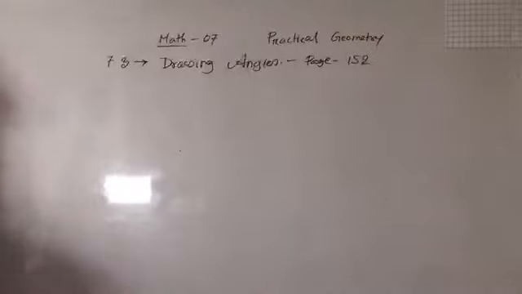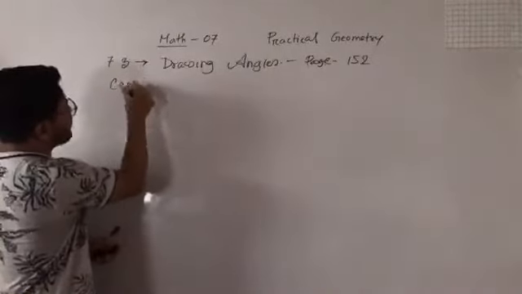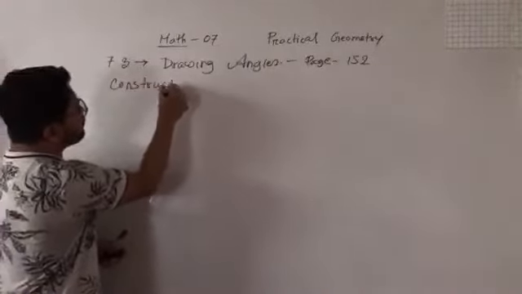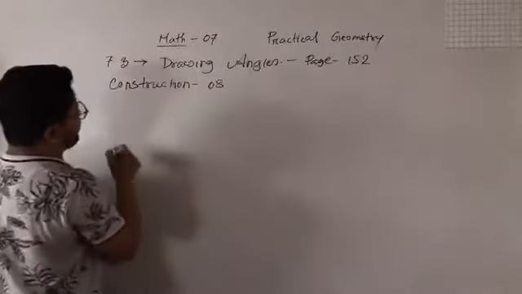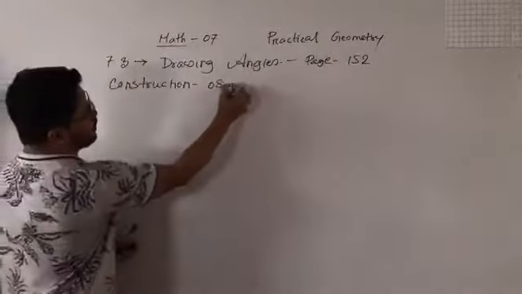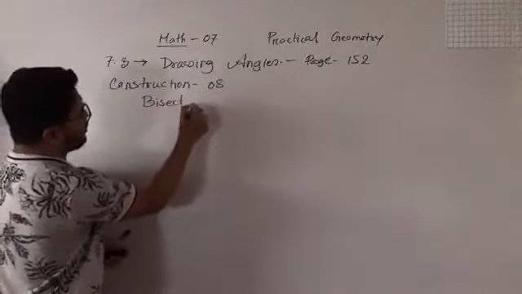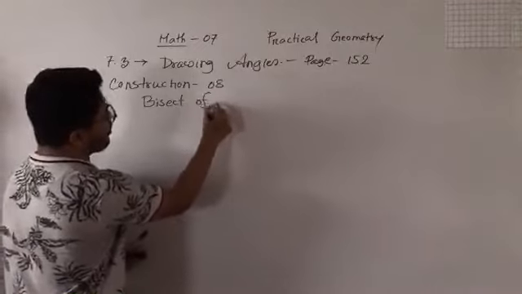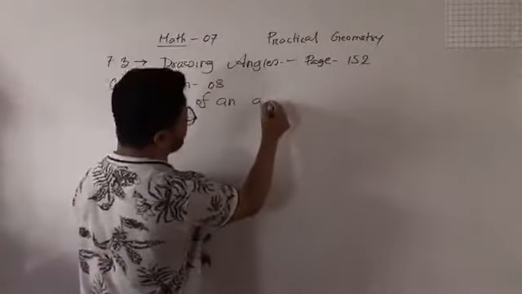Number 8, bisect of an angle. Construction number 8, bisect of an angle.